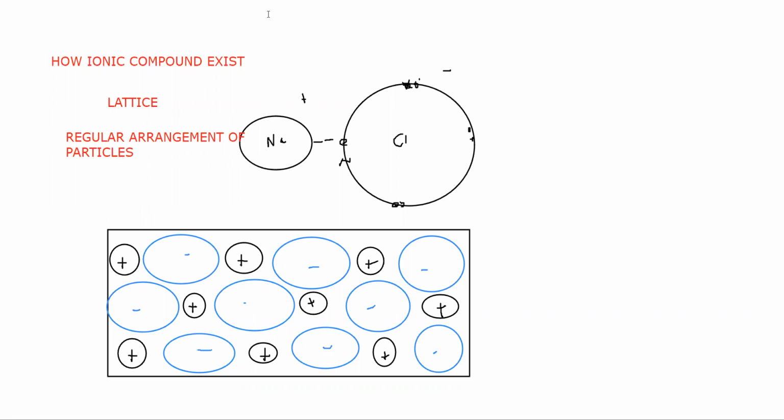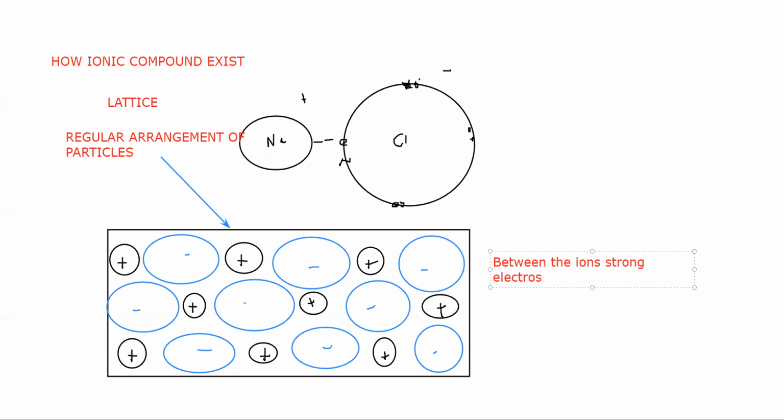So all these ionic compounds exist as a lattice. And between the ions, there's a strong force which is known as electrostatic force.